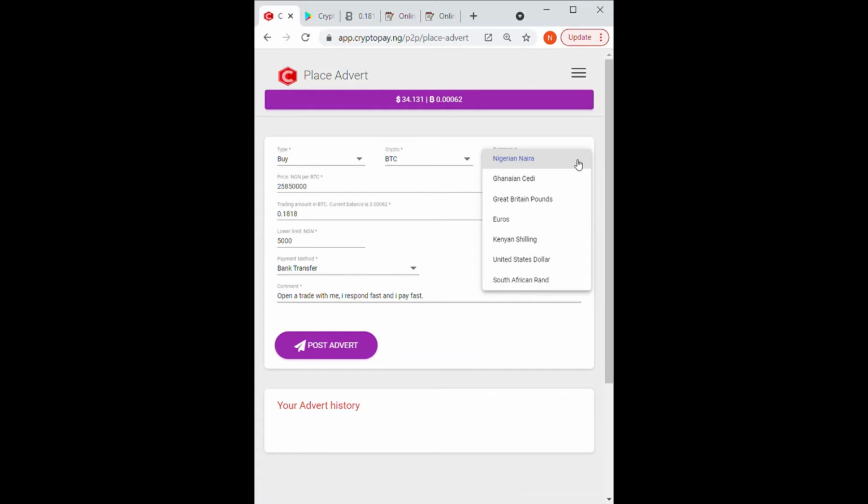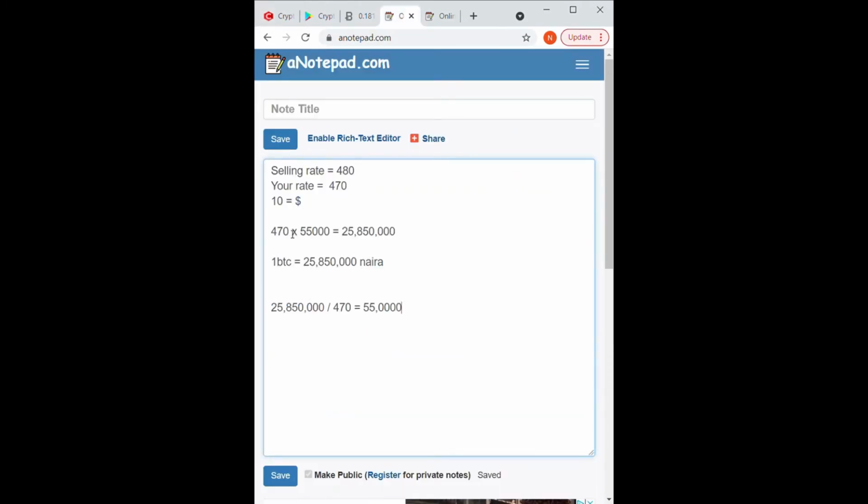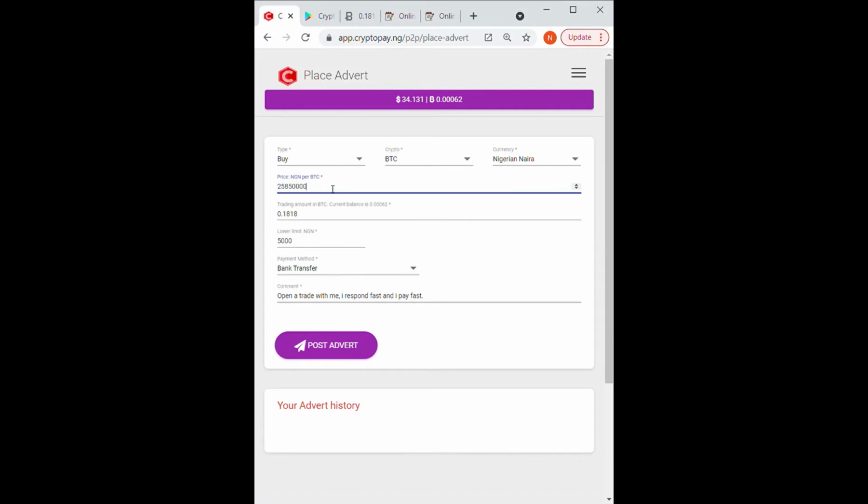These are the currencies we support right now, and this part just states how much would you like to sell one Bitcoin using your own rate. So like I said, it's very straightforward. You make sure you use a rate that you're going to make profits on, and you multiply that rate by the current Bitcoin price, which is currently 55,000 right now, and whatever number you get is what you place here.